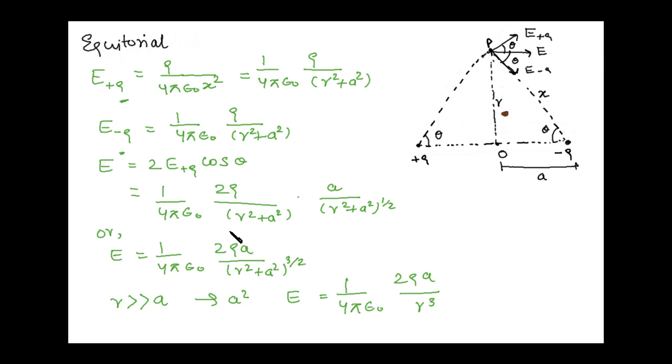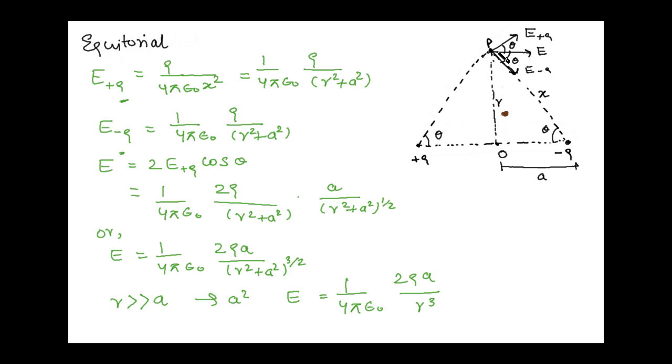Now magnitude of electric field at point P due to charges plus Q and minus Q would be E plus Q is equal to 1 upon 4 pi epsilon naught Q upon (r square plus a square), and E minus Q is equal to 1 upon 4 pi epsilon naught Q upon (r square plus a square). Now fields E plus Q and E minus Q are equal in magnitude because point P is equidistant from both the charges plus Q and minus Q.